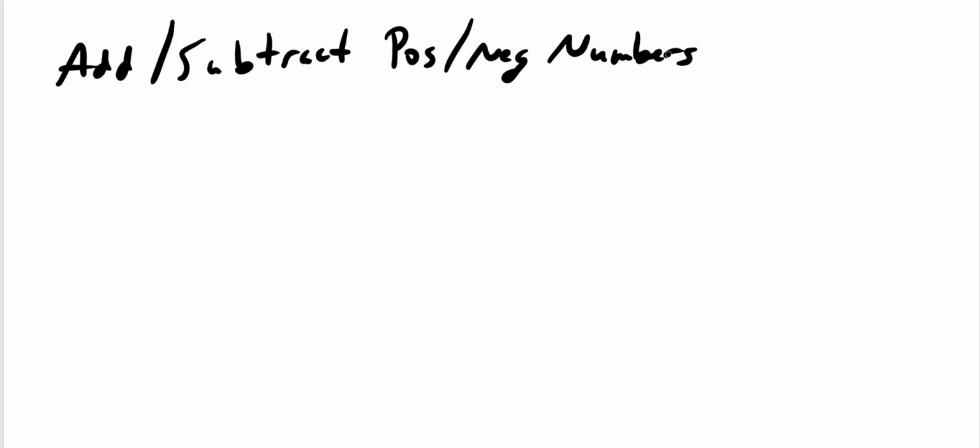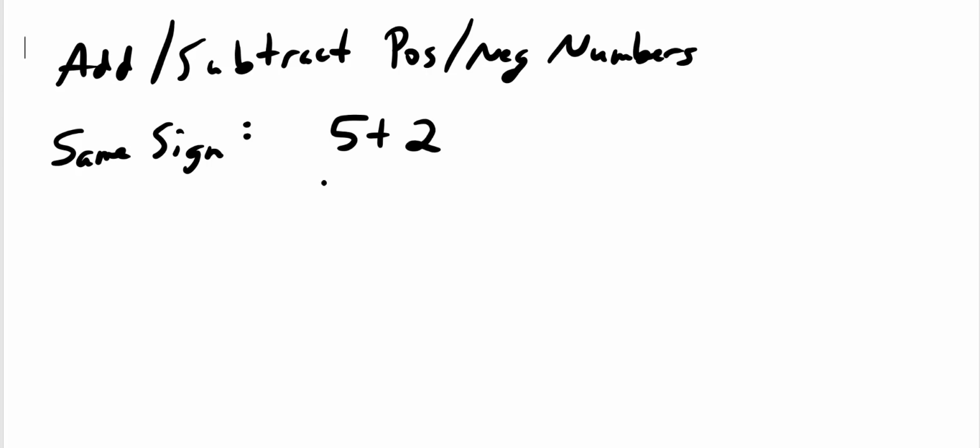So the first thing we're going to have here is if it's got the same sign. We're going to have two categories. Same sign means like 5 plus 2 or negative 5 minus 2. Now some of you are hearing negative and minus, and what you need to understand is a minus and a negative really are the same thing. You probably learned that in Algebra 1. There's nothing different.